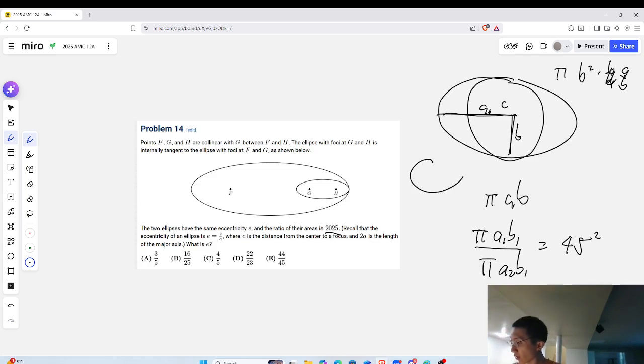A1 is going to be the semi-major axis of the smaller ellipse, and we can let B1 be the semi-minor axis of the smaller ellipse.